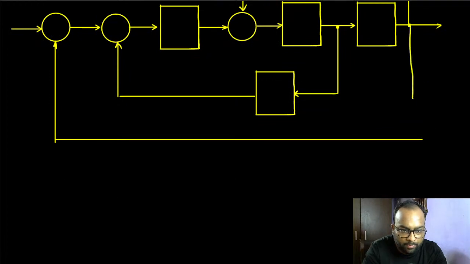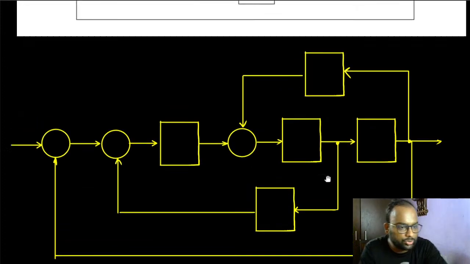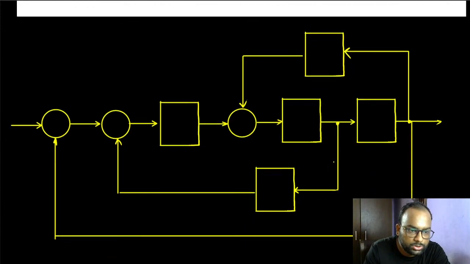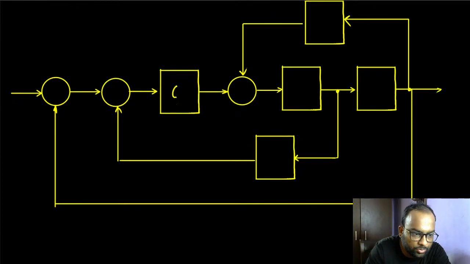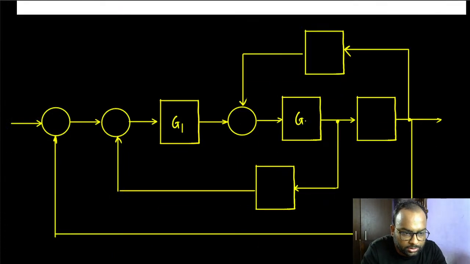It's coming from the same point here. All right, so that is the structure here. So G1, G2, G3, H1. So that's going to be G1. Okay, G2, G3. That's H1. And that's H2.